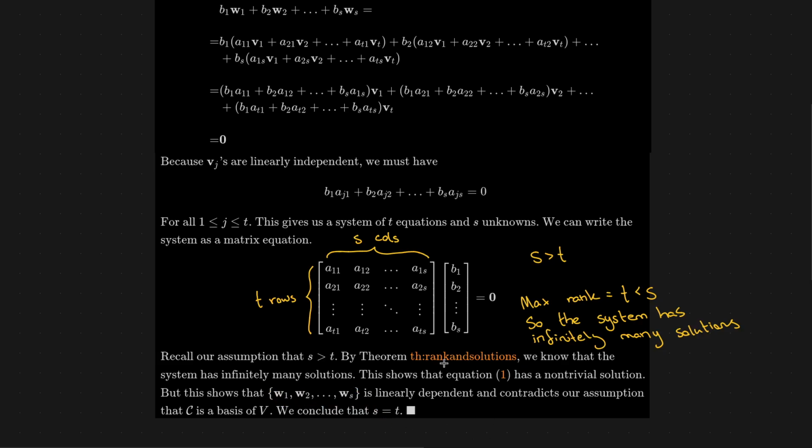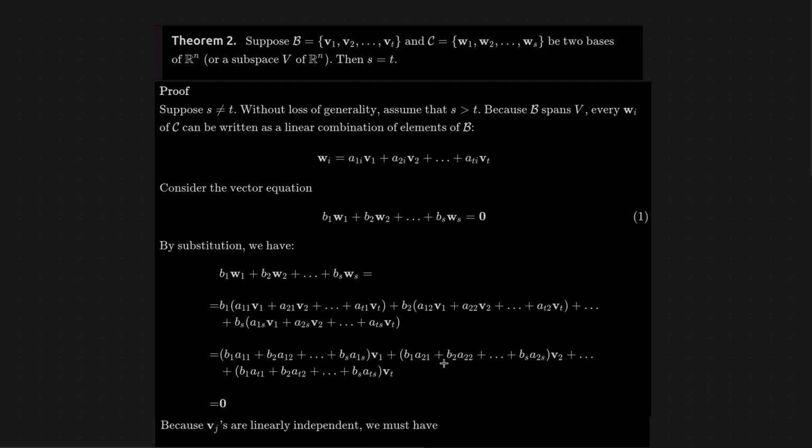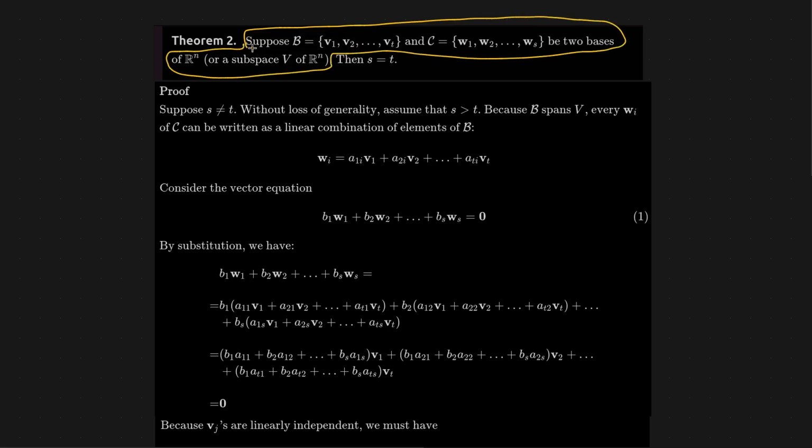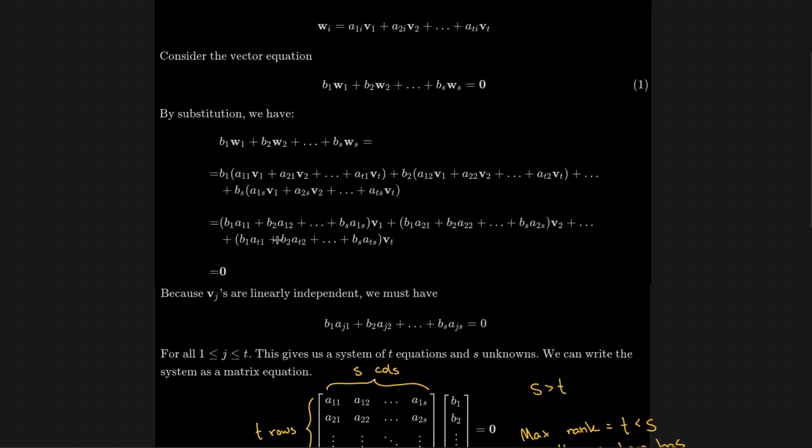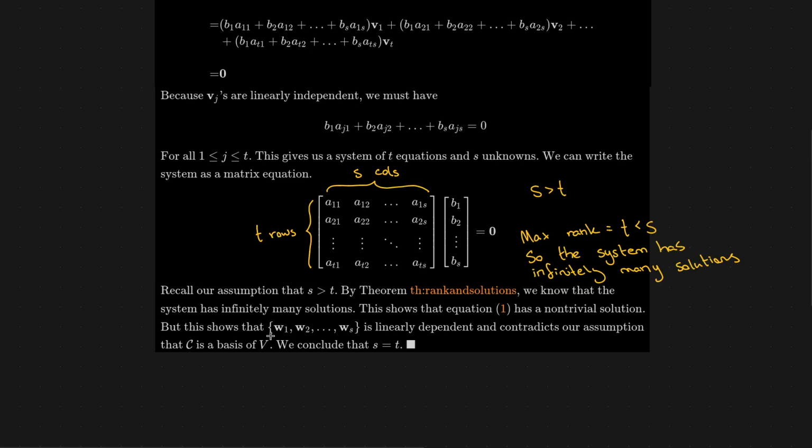And there's our contradiction. Remember, I said this was a proof by contradiction. The assumption here is that we have two bases. Okay? And we did. We assumed that, which means that this set of vectors B are linearly independent, and the set of vectors in C are linearly independent. And then we assumed that S was not T. And from there, we were able to come to something that's nonsense.